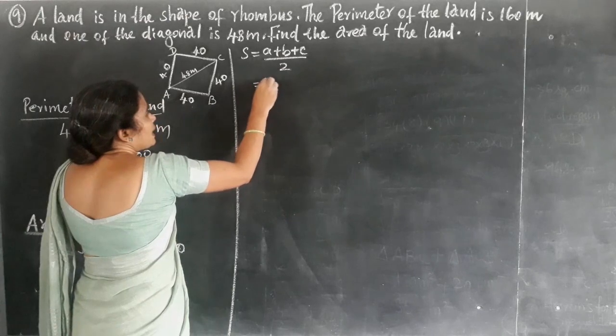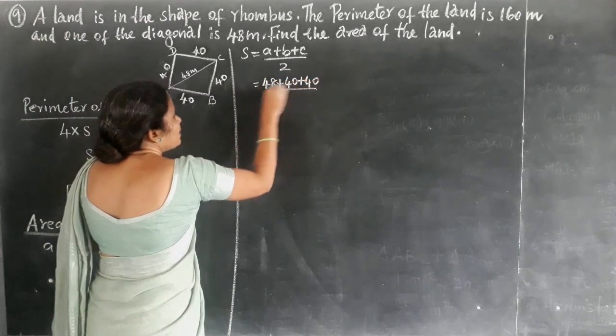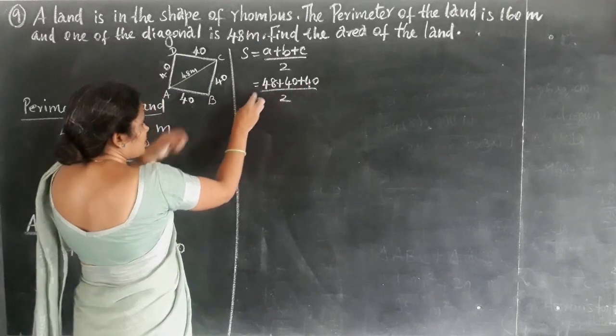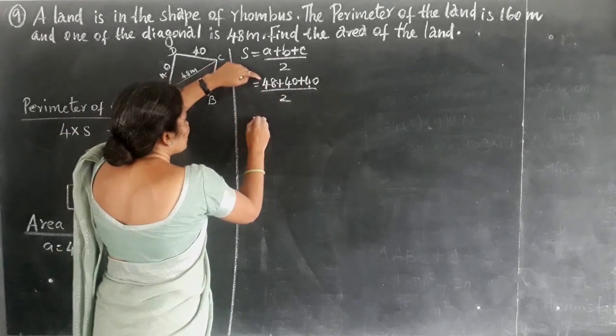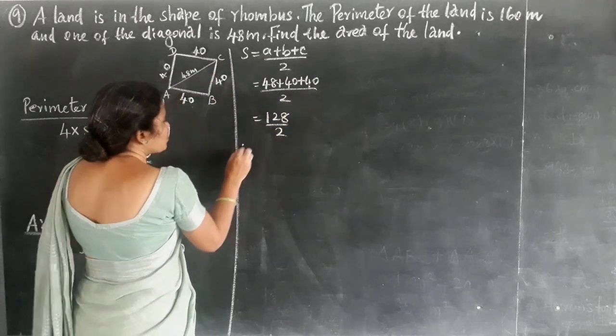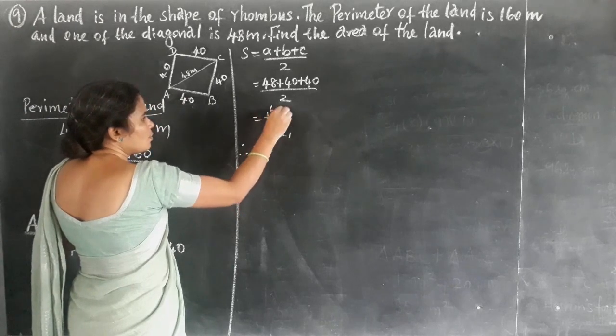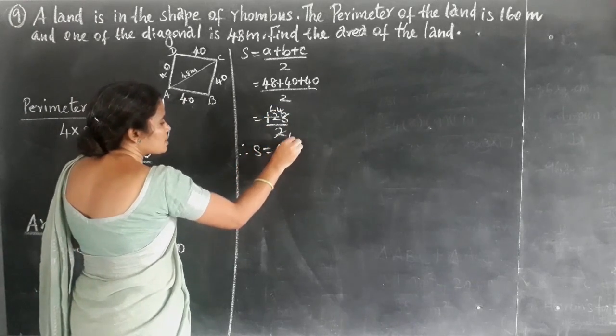So 48 plus 40 plus 40 is 128, divided by 2. Therefore S is equal to 64.